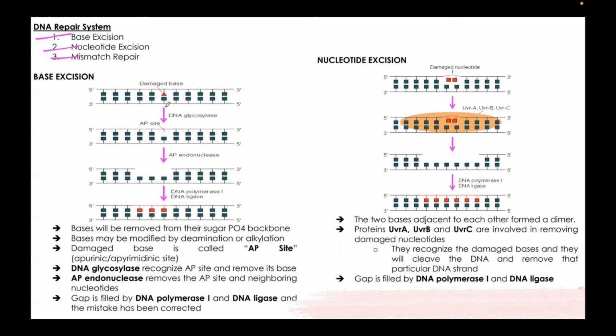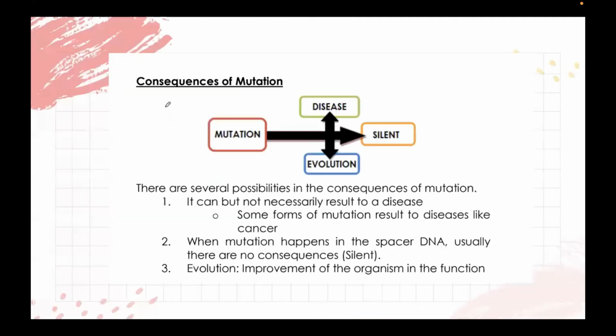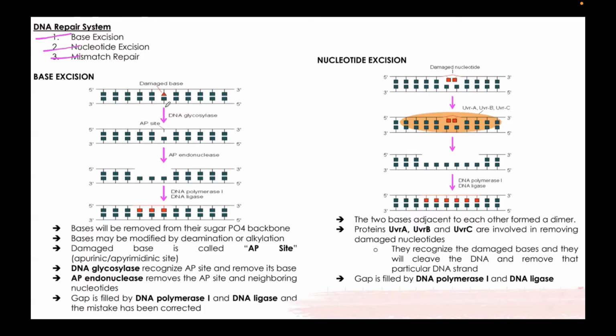The problem with your base excision is it is spontaneous, okay? Chemical or radiation damage to a single base. Okay? So, titingnan natin. Meron tayong, for example, DNA template. Here, nagkaroon ng damage dito.